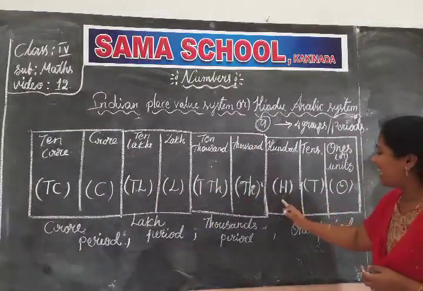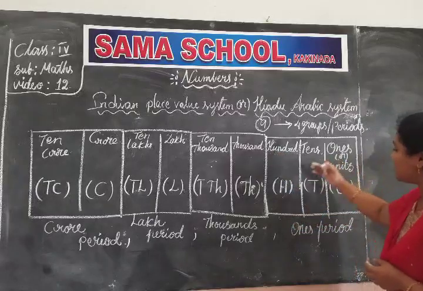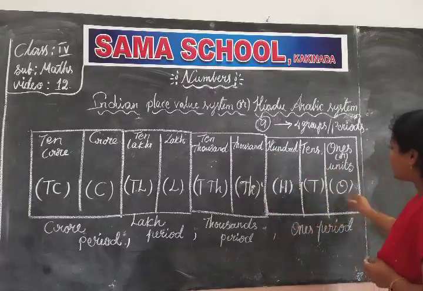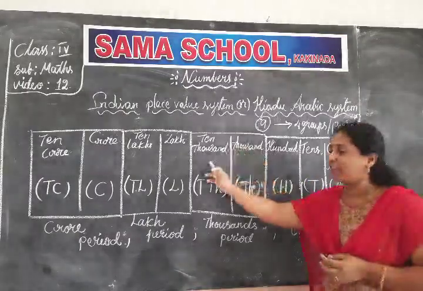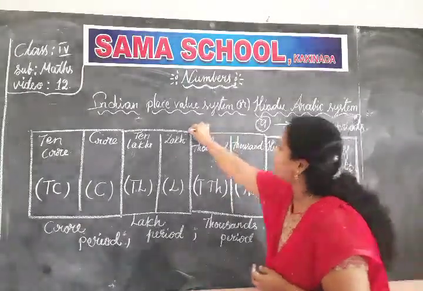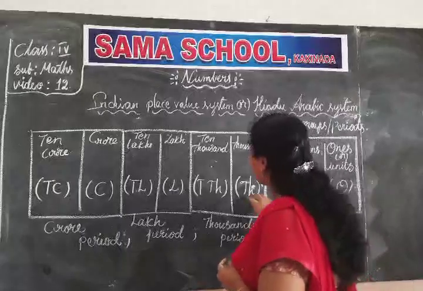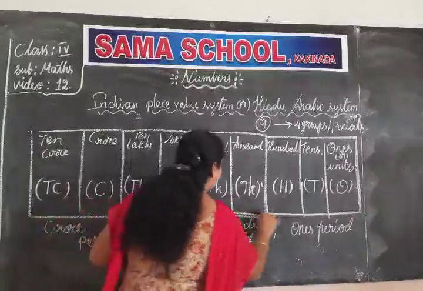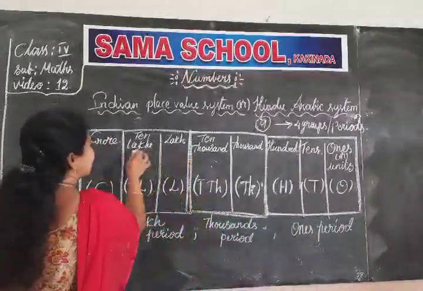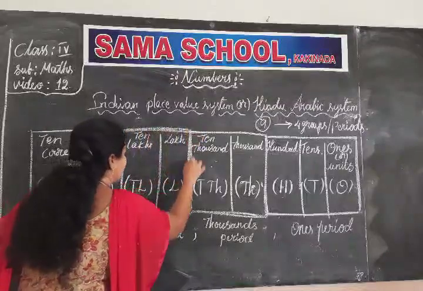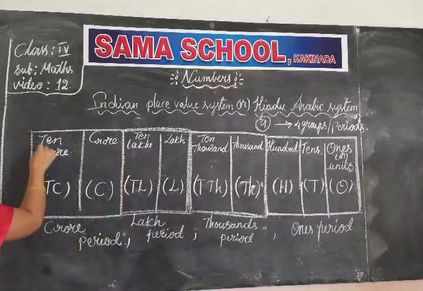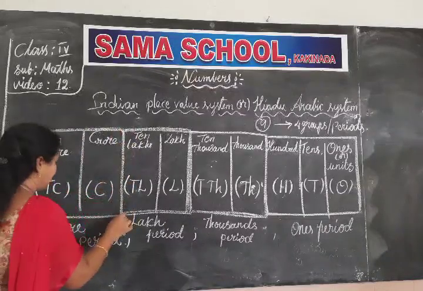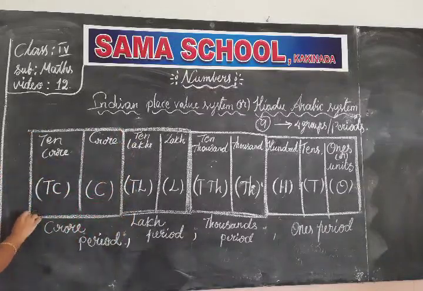Ones, tens, hundreds: these 3 places come under the ones period. After that, thousands and ten thousands: these 2 places come under the thousands period. Next, lakhs and ten lakhs: these 2 places come under the lakhs period. Crore and ten crores: these 2 places come under the crores period.